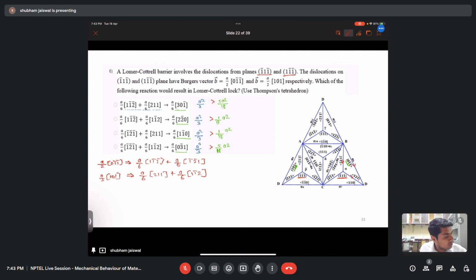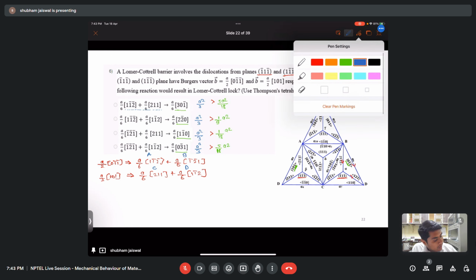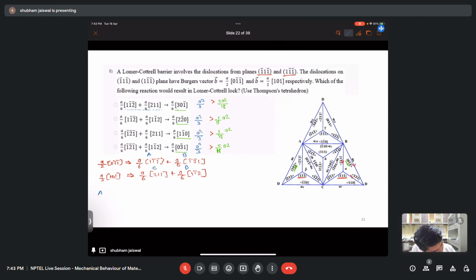Okay, so let's say these are my A, B, C and D, is it not? So my A can interact with C and D. Similarly, my B can also interact with C and D. So this possibility we will get.